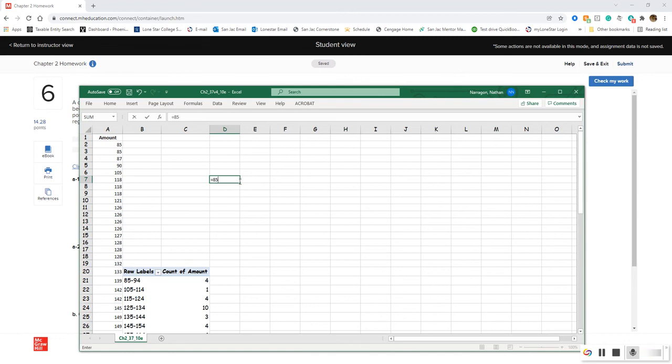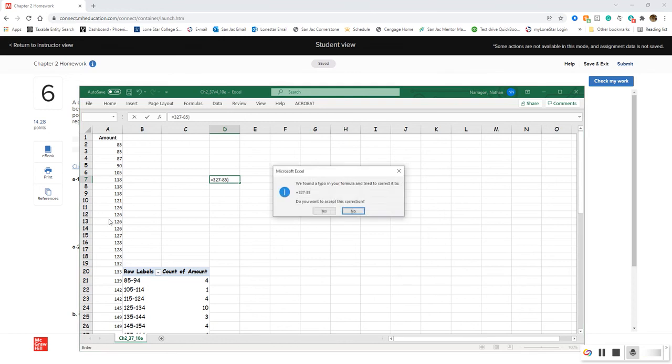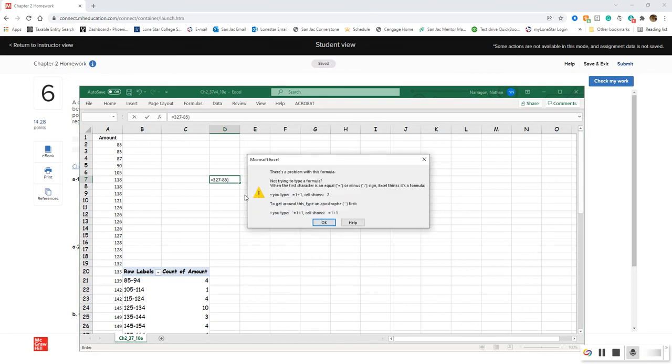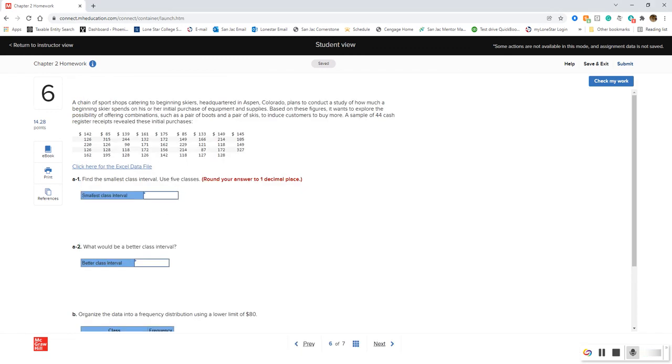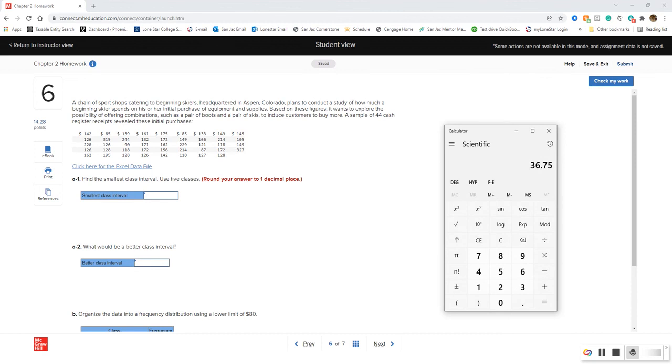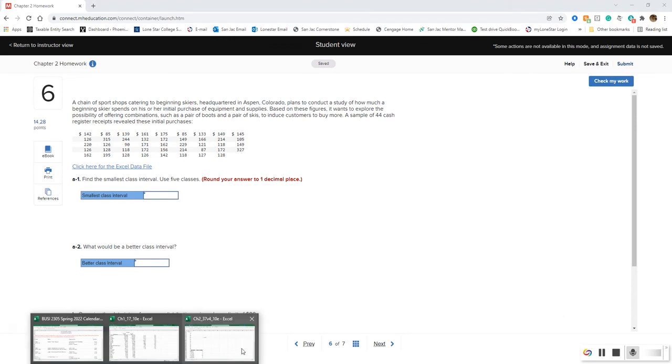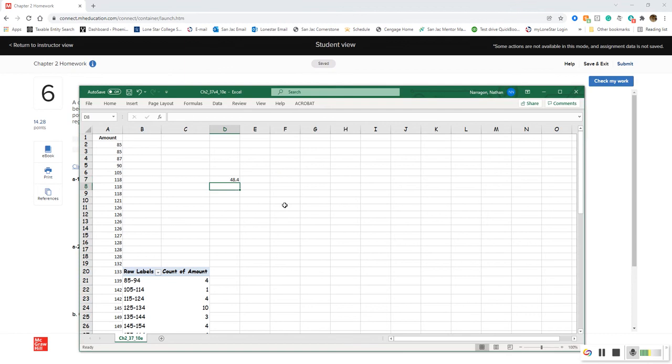So 327 minus 85. Make sure we put that in parentheses. Have a lot of pop-ups happen. And it said for us to do 5 classes. Okay, divide by 5. Alright, so it said the interval is going to be about 48.4.